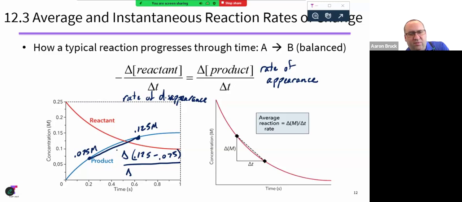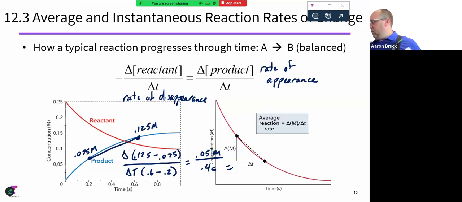And the change in time would be final minus initial as well, 0.6 seconds minus 0.2 seconds. So I would have 0.05 molar over 0.4 seconds. And if I do a little bit of quick math here, 0.05 divided by 0.4, I get 0.125 molar per second.